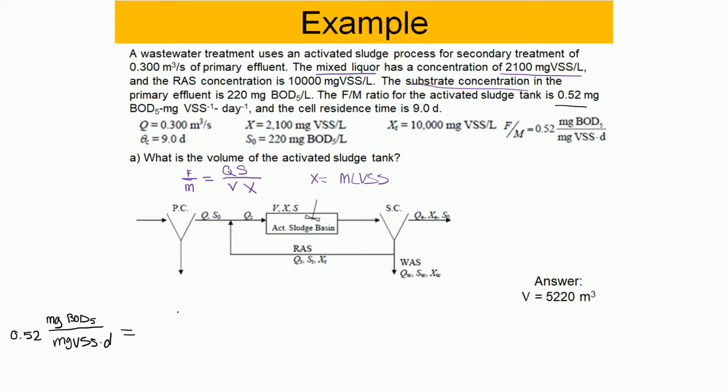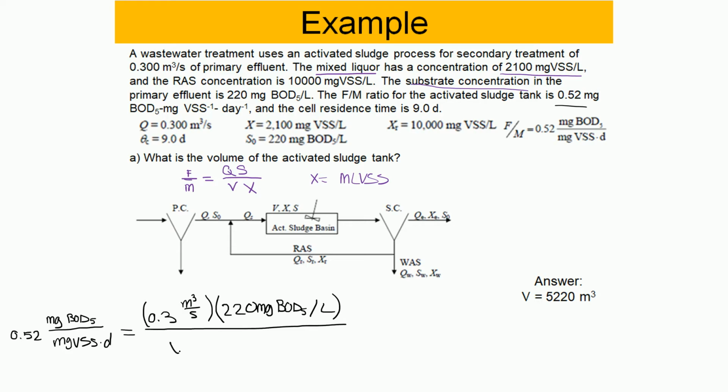Okay, that's really long. Our Q is 0.3 cubic meters per second. And our S is 220 milligrams BOD5 per liter. And that's all divided by our equation here.